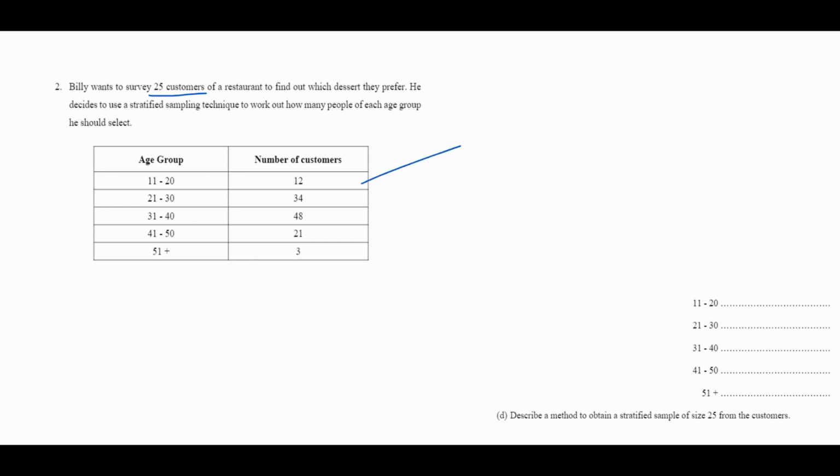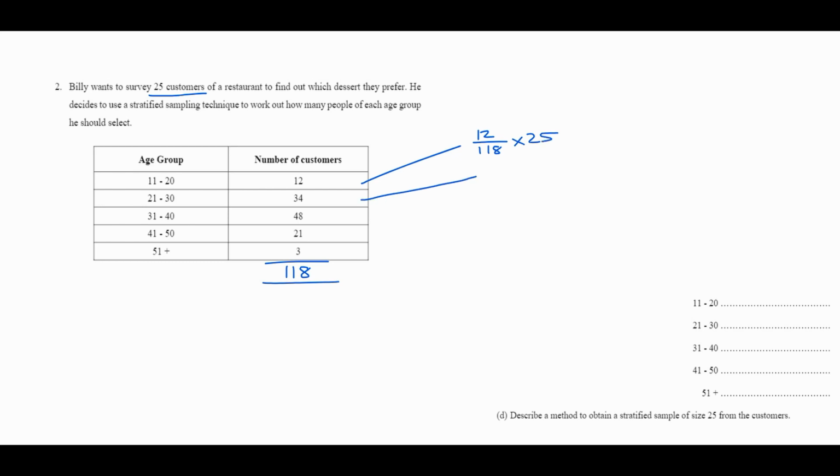So for this one, I'm going to do 12 out of the total population. 2 plus 4 is 6, 6 plus 8 is 14, 15, 18, 1, 3, 7, 10, 11. I'm not too sure the total is right or wrong. So 12 over 118 times 25 is this answer.